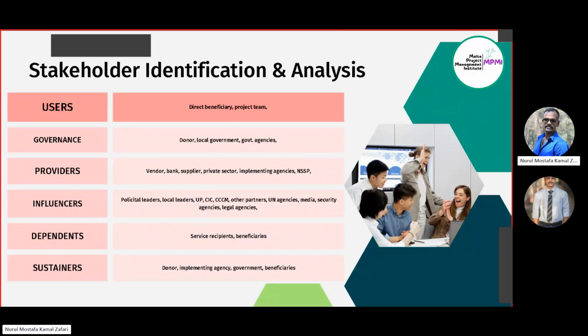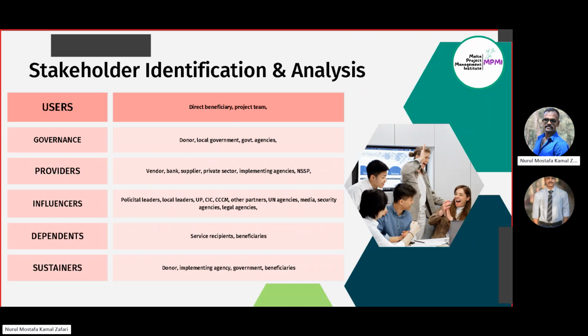Now, in this phase, we have to identify and analyze the stakeholders. Identify means who are the stakeholders, and analysis means what is their role, or who are they. So there is an ideal analysis of stakeholders.